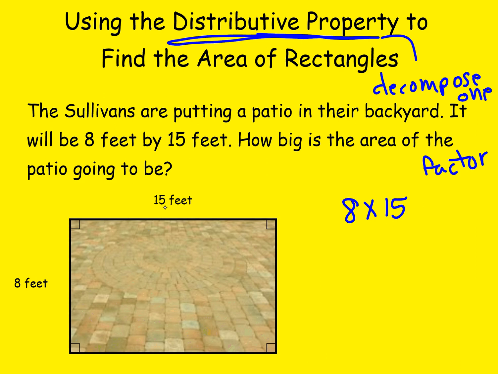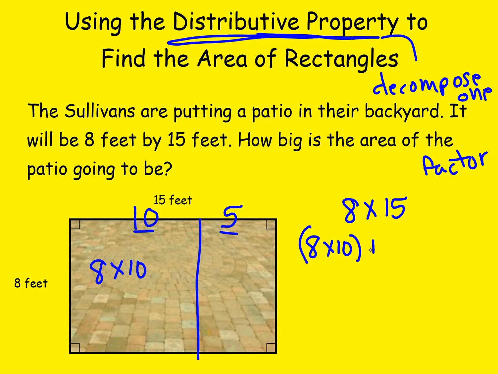The way I'm going to do that is decompose it into 10 and 5 because I know my 10s and I know my 5s. So on this part here, it's 8 times 10. So I'm going to write 8 times 10 plus this side over here is 8 times 5.